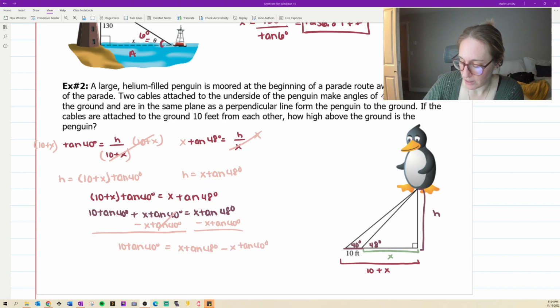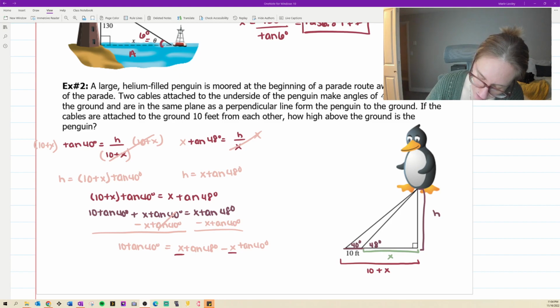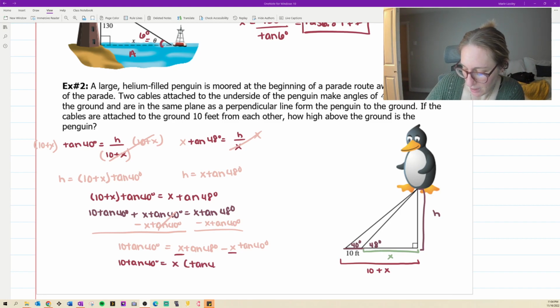Now, I notice that both of my terms on the right-hand side have an x. I'm going to factor that out. So 10 tangent 40 is x parentheses tangent of 48 minus tangent of 40.